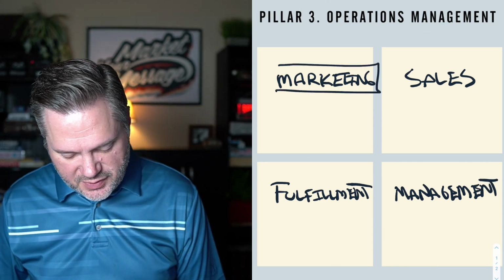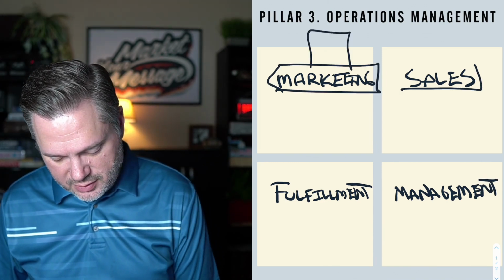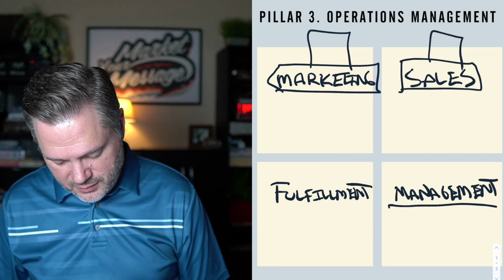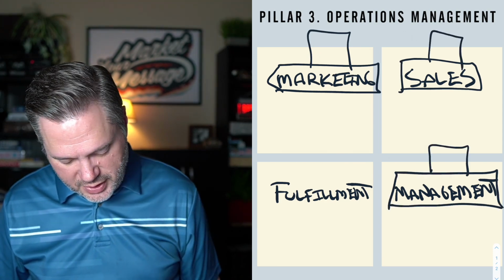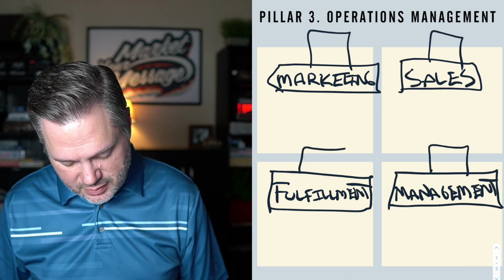And I want you to think of each of these like it's a hat that you wear, right? Here's a hat. And you're always working in one of these 4 hats.